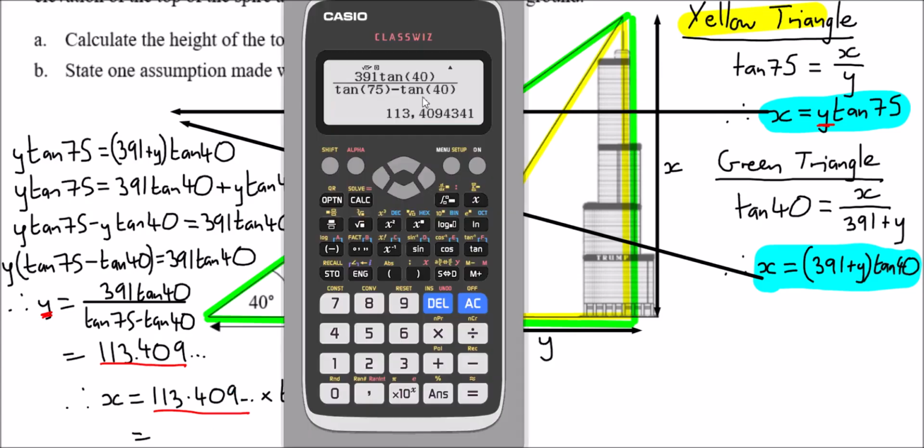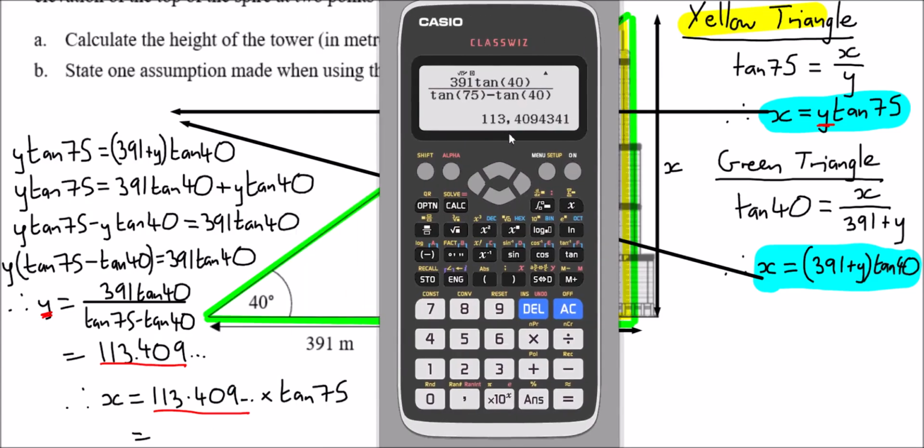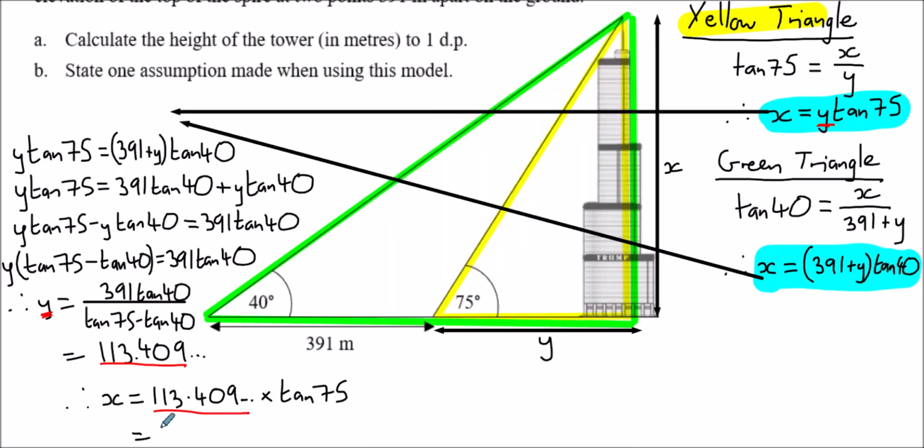So the calculator stored this answer for me, so I can then just take this and multiply by tan 75, and we get 423.249, etc. So to 3 sig figs, which is the same as saying to the nearest metre, we get 423 metres. Check that on Google if you don't believe me. That is the height of the tower.